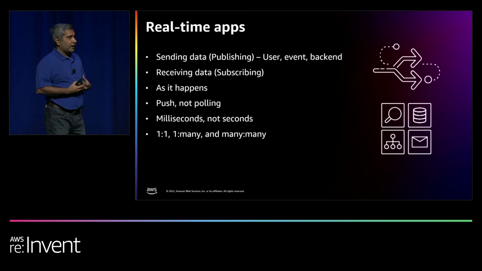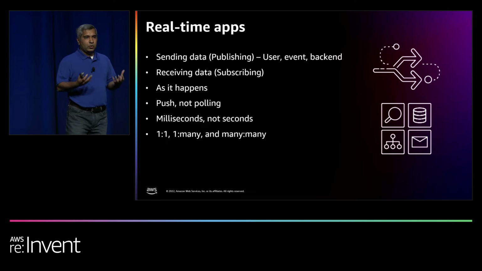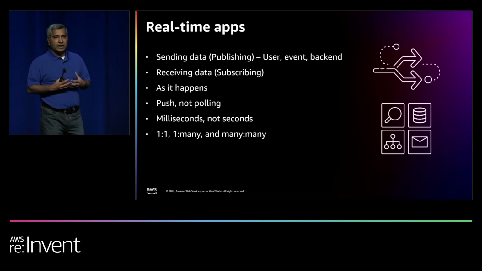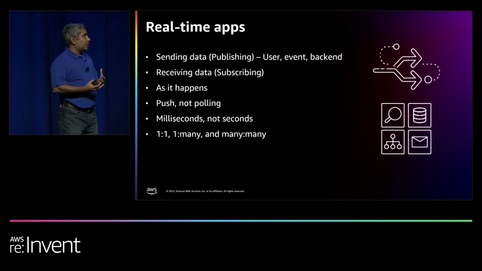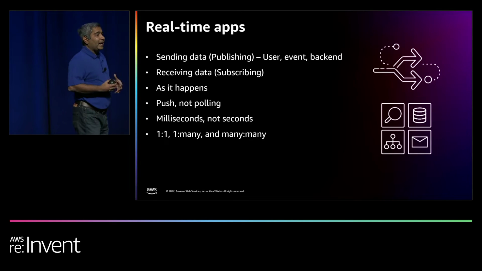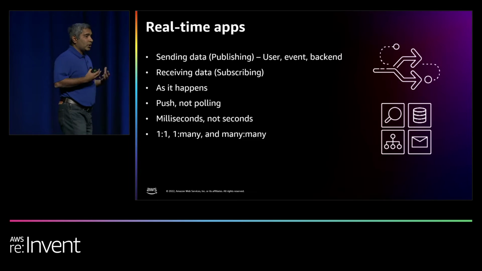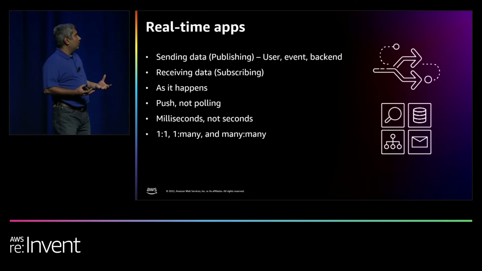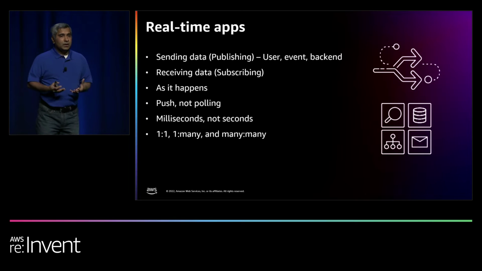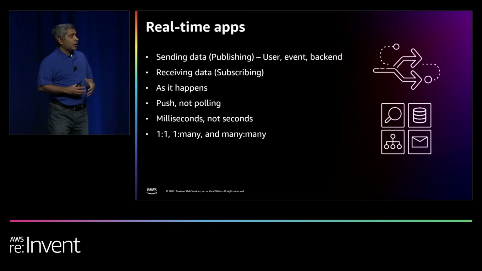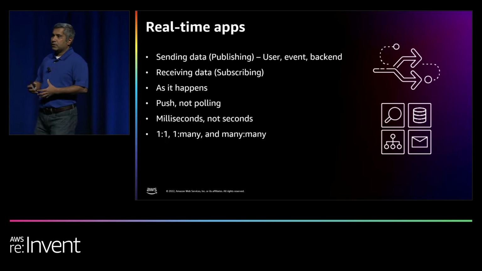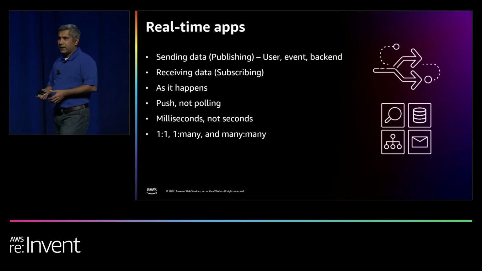It could be your mobile device or any other web application receiving that data for a particular selection set. So the information is delivered to the client as it happens, and we are talking about a push mechanism here, not a poll. We are talking about milliseconds response time and not seconds. It could be one-to-one, one-to-many, or many-to-many as well, like a backend service broadcasting data to multiple clients.